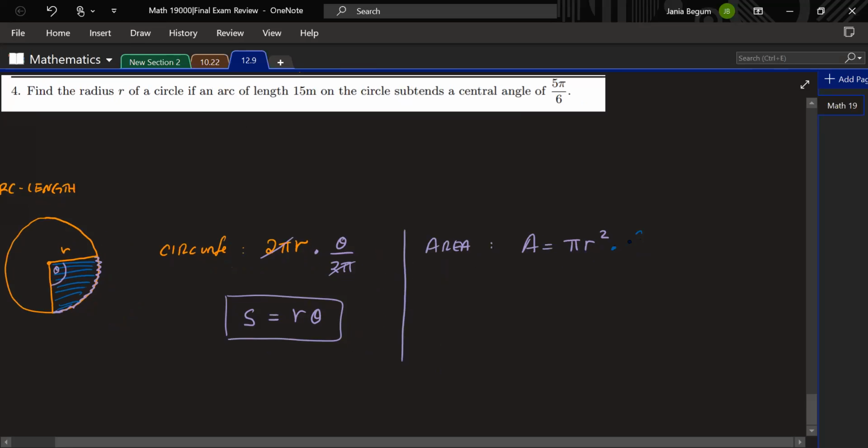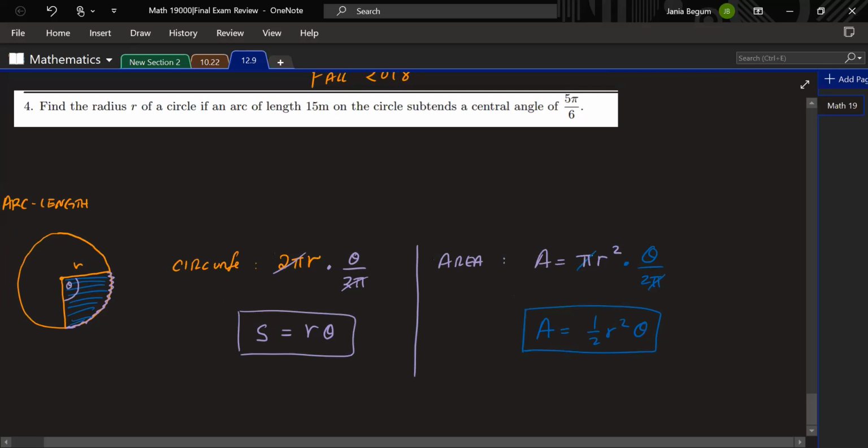So you'd multiply with theta over 2 pi, because we're only looking at a portion, and the pi's cancel out. So the area of a sector comes out to be 1/2 r squared theta. These are the two formulas you want to remember when it comes to these particular questions.